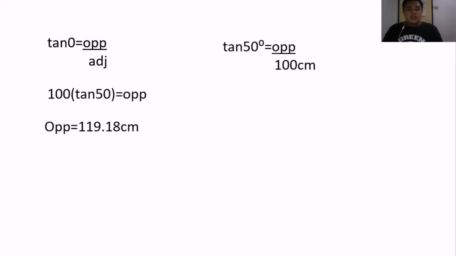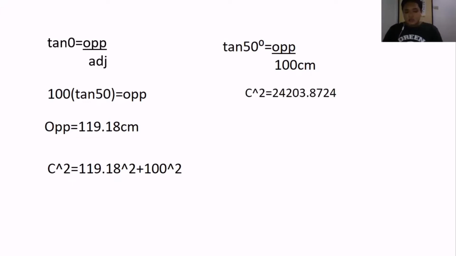To solve our C, we only need the theorem, which is C squared equals A squared plus B squared. Now input all of the given in A and B, which is this. Then we will simply solve them.